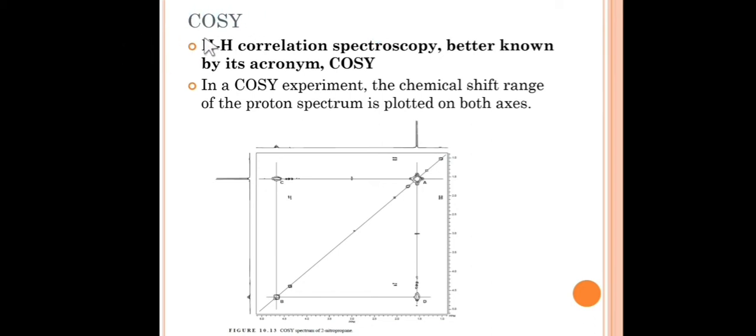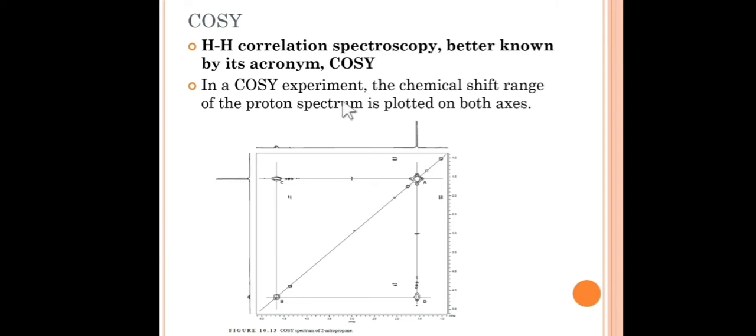We will first see the COSY, that is H1 correlation spectroscopy. The word COSY comes from CO from correlation, and SY from spectroscopy. So H1 correlation spectroscopy is better known as COSY.